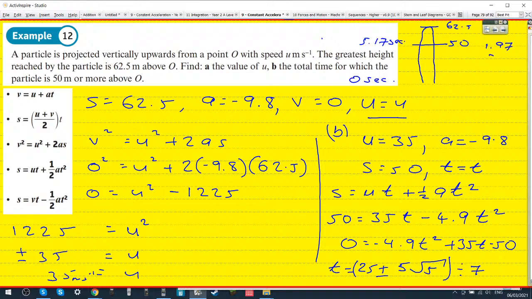So let's say it's shot from this side. So 1.97 seconds later, it has a height of 50, S equals 50, and then it goes up, comes back down, and 5.17 seconds after the start, it is at 50 again. So we want the total time that it's 50 or more.